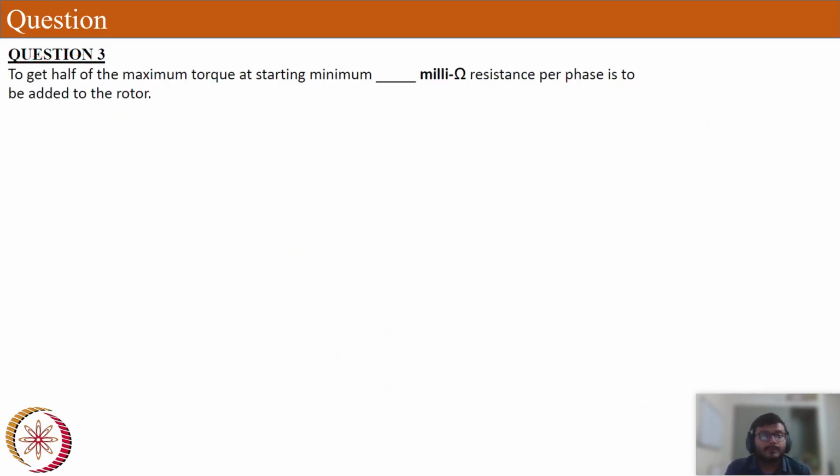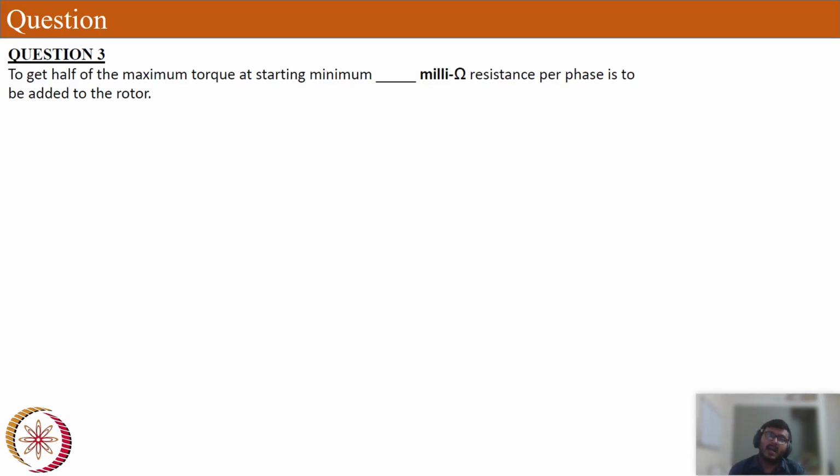So the next question is, to get half of the maximum torque at the starting, minimum how much resistance per phase is to be added to the rotor. Again a similar kind of problem, but here they are asking that I don't need maximum torque at the starting.